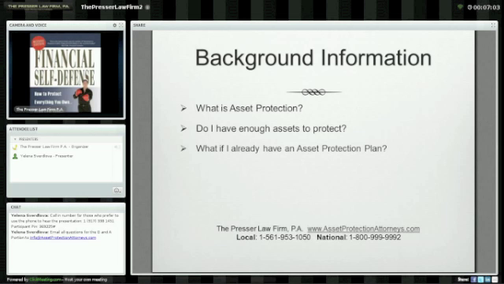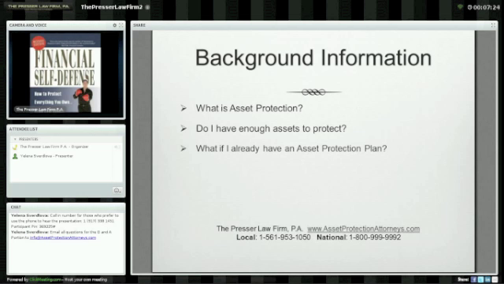And what we do as asset protection attorneys is we help our clients protect any asset they have from any financial threat. Our clients might be lawyers, doctors, financial advisors, business owners, professional athletes, celebrities. It's really anybody who has money or any type of asset that they've worked for or inherited that they don't want to lose.